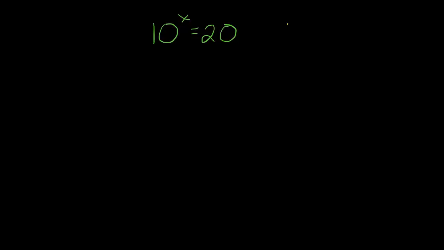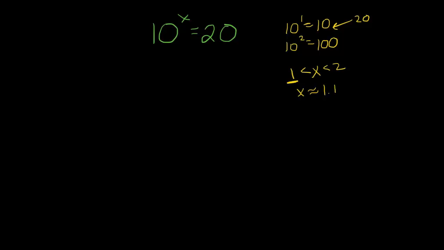I know that 10 to the first is 10, and 10 squared is 100. Well, 20 is much closer to 10 than it is to 100. So I'm going to say that x is between 1 and 2, but it's probably closer to 1. So I'm going to say x is approximately 1.1.